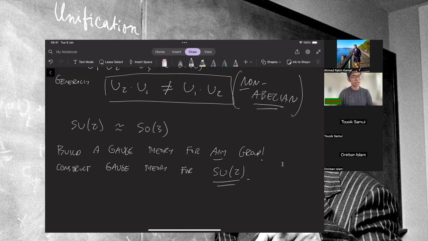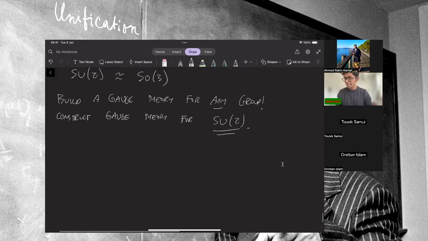Okay. So what is going to happen? The idea that we started with was that we had our field psi, and we demanded that psi be invariant under something like this, right? Where this e to the i lambda of x was a space-time dependent U1 group element, okay? So that was for the U1 group.